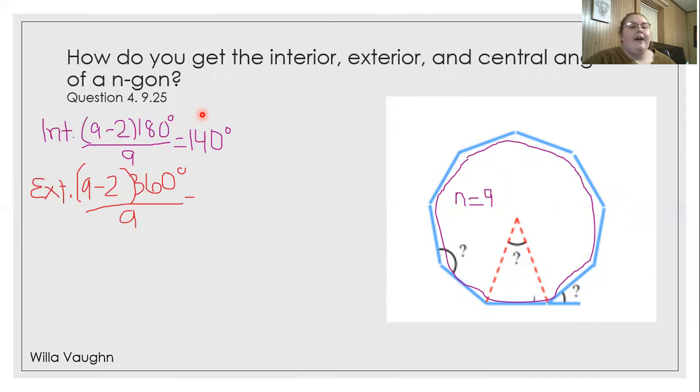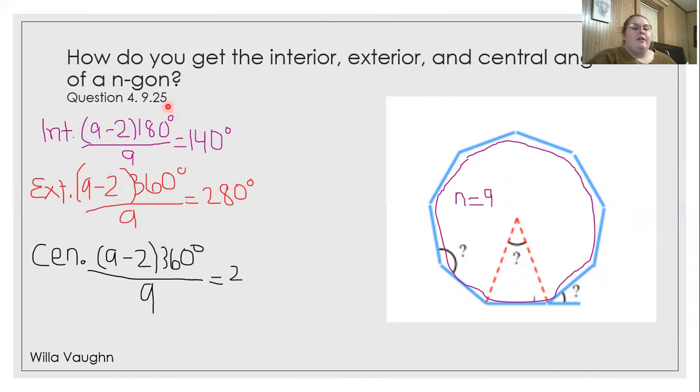So you would have 9 minus 2 times 180 divided by 9, and that would give you 140 for all your interior angles. Now your exterior and your central angles, the equation for that is going to be the same, and it's going to be n minus 2 times 360 over 9, or over n. And so you would get the same answer for both the exterior and central angles, which would both be 280 degrees.